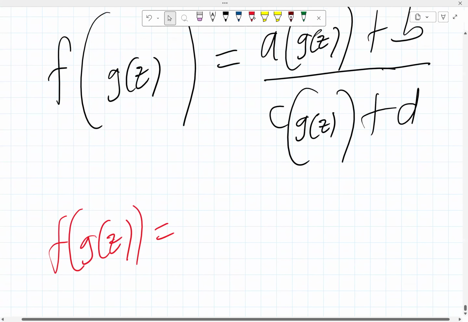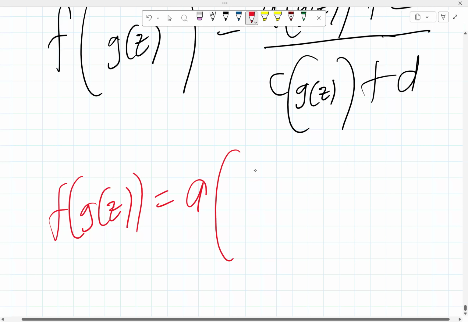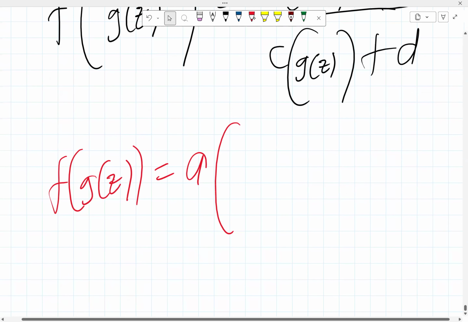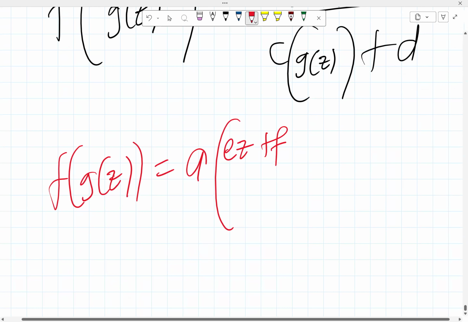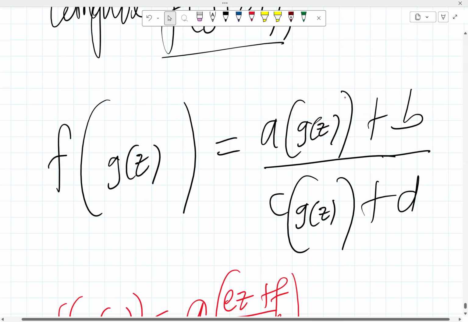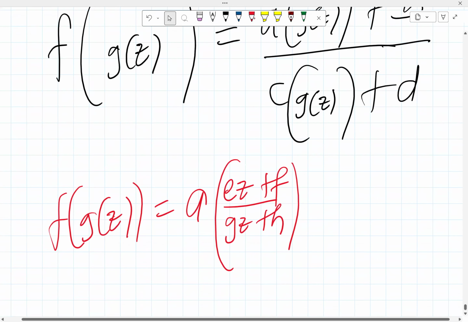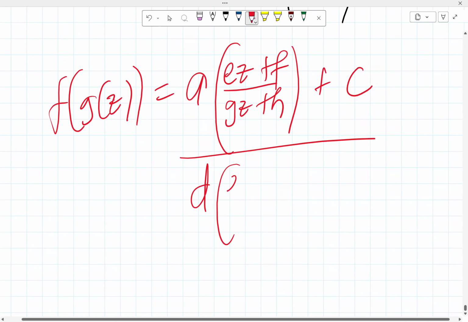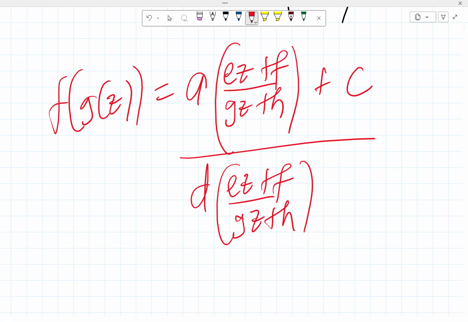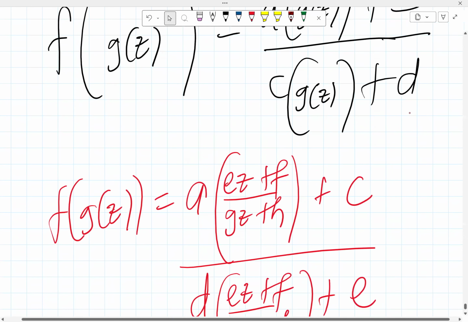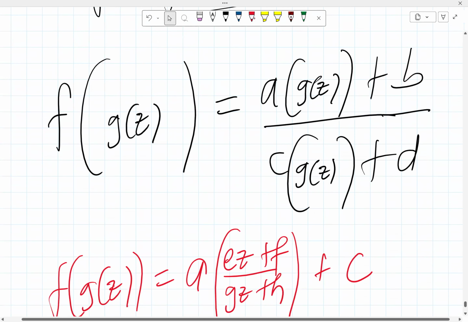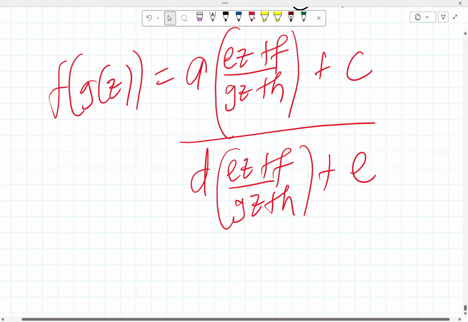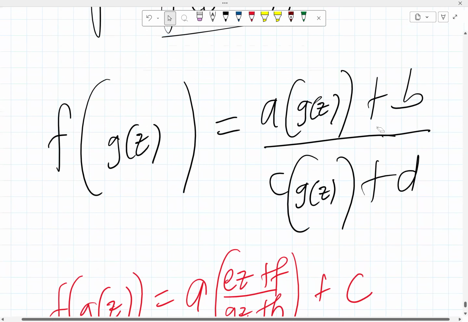We then have a into g of z, that's ez plus f all over gz plus h, plus b, all over c into ez plus f all over gz plus h, plus d.